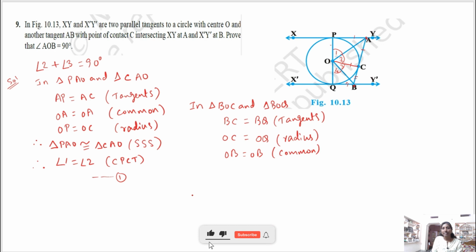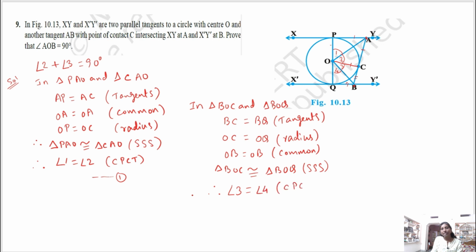So we can write that triangle BOC is congruent to triangle BOQ. So here also SSS criteria. So now we can write that angle 3 is equal to angle 4 by CPCT, corresponding parts of congruent triangles.